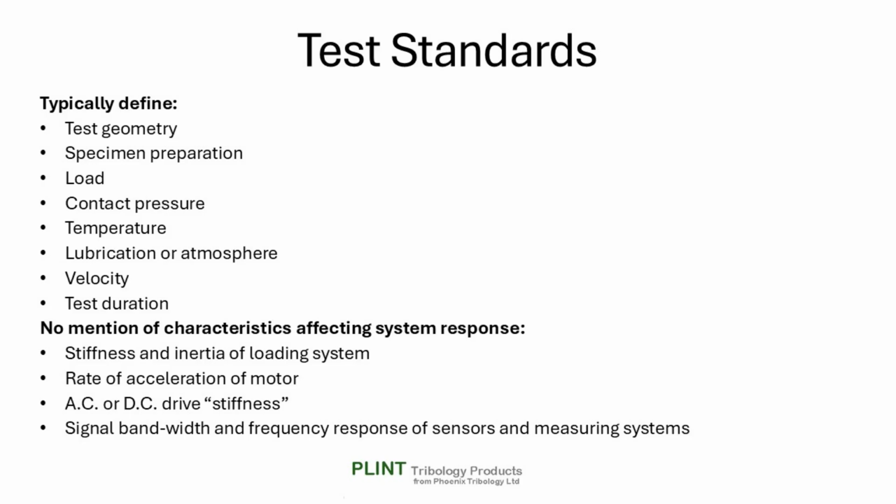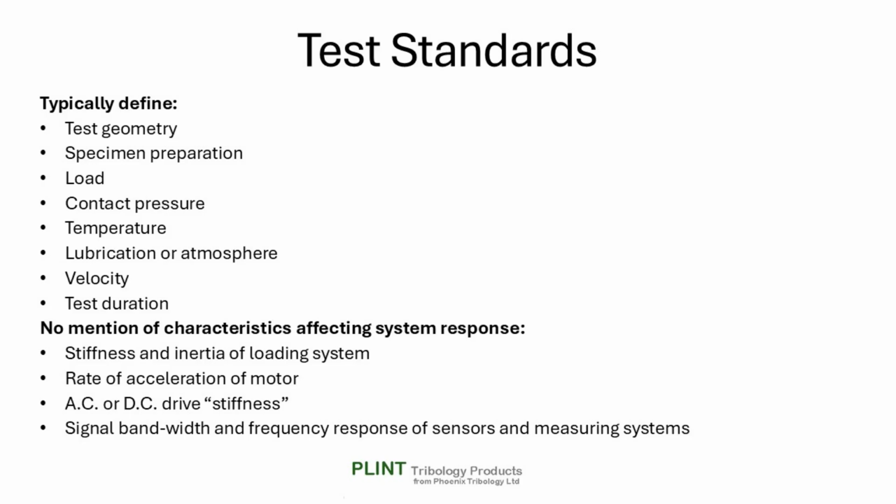Many test standards define operational parameters, for example, specimen preparation, load, velocity, temperature, and test duration, but fail to mention key system characteristics affecting the system response, such as the stiffness and inertia of the loading system, the rate of acceleration of a motor, the stiffness of the AC or DC drive, or indeed the signal bandwidth and frequency response of sensors and measuring systems.